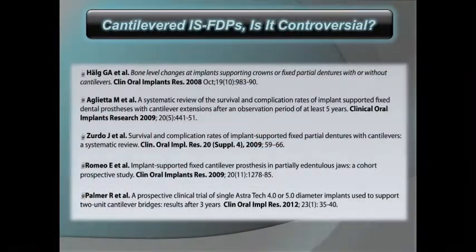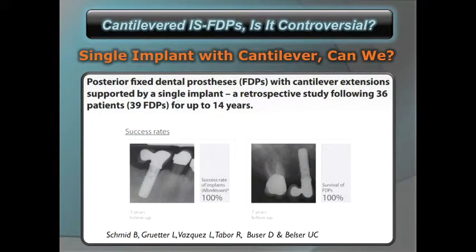Then after that, there were so many studies showing, one after another, that cantilever is not going to cause any issue for the implant. And for that reason, Belser and Buser from the ITI group got bolder. They said that, okay, now we know that if we have two implants, one cantilever would not be a problem. Many studies have shown that, evidence-based, do it, no problem.